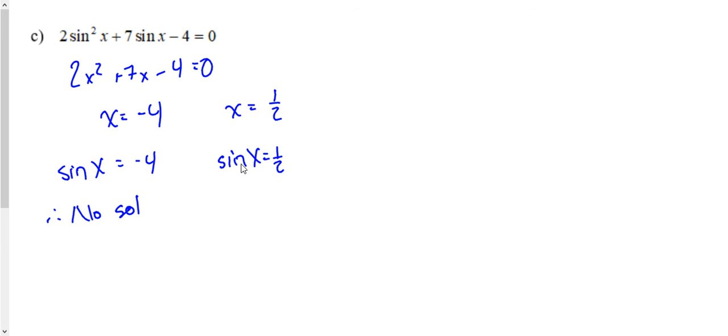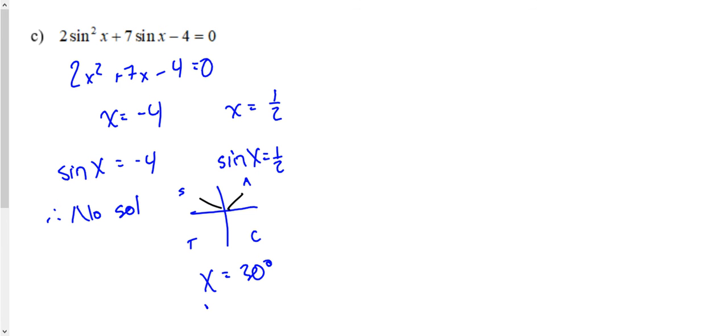Here, sine x is equal to half where? Well, we've got two sections. Sine x equals positive 1/2 in quadrant 1 and in quadrant 2. So let's first find x. So x is equal to 30 degrees, of course, because we went sine inverse of 1/2, 30 degrees.